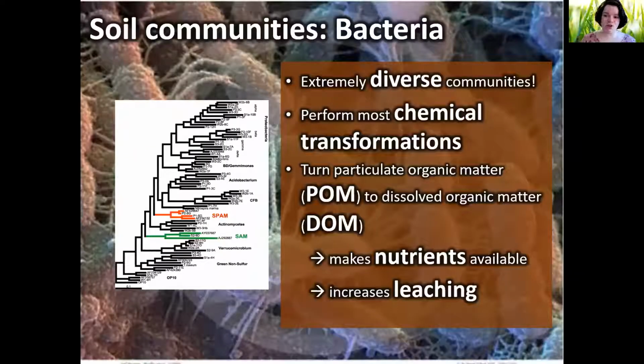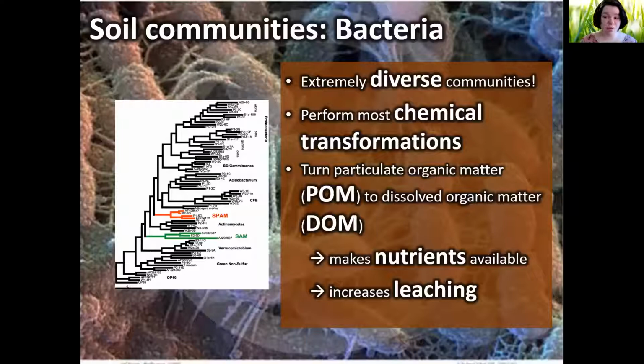Let's take a closer look at some of the components of the soil community. Bacteria are a major component. They're extremely diverse communities. For example, this community on the left side of the slide shows the diversity of bacteria contained in a 5 milliliter or 1 teaspoon sample of soil.